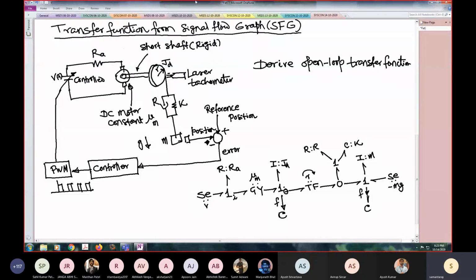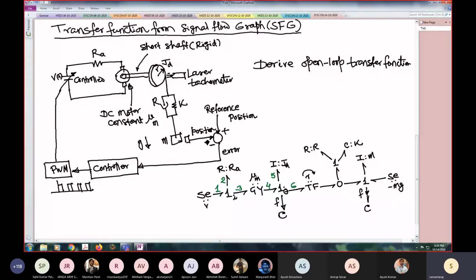So give some numbers. Let's call this 1, 2, 3 here. 1, 2, 3. Let this be 4. Let this be 5. This be 6. I am not giving these sensors numbers because once we draw the block diagram, we can take out any output from that block diagram or signal flow graph. So I am not including sensors in my signal flow graph model.